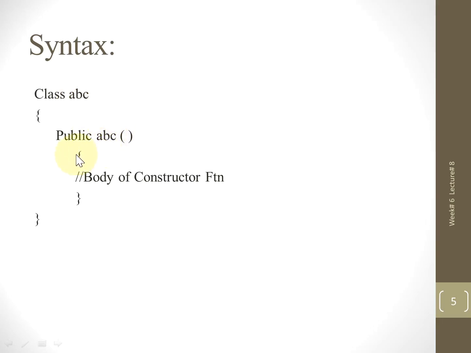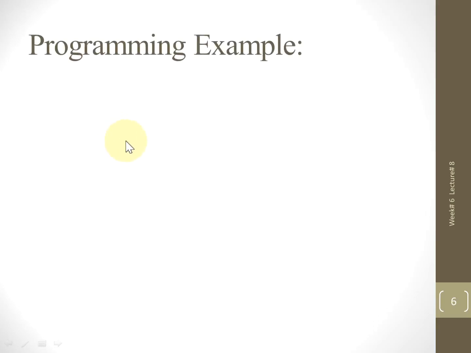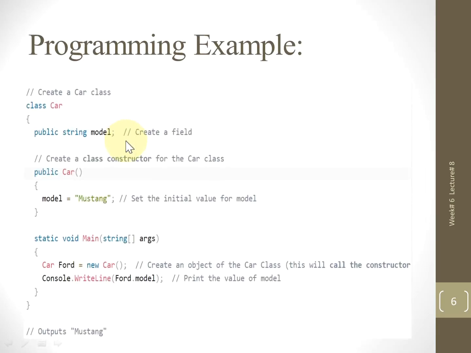And the body starts for the constructor. Within the body you can use one statement or two statements, depending on the situation. So overall in the syntax, the class name and the function name are the same, there is no return type, and it can receive arguments. Now let's see the programming example.